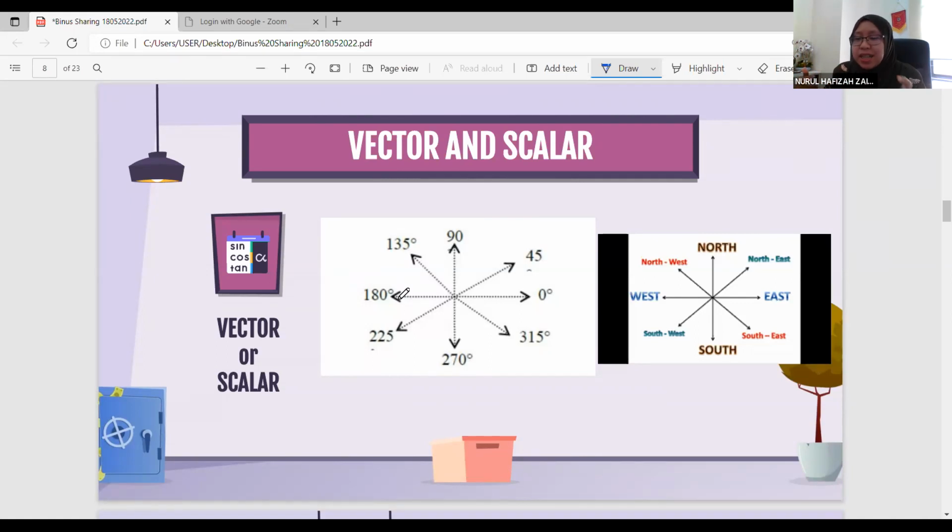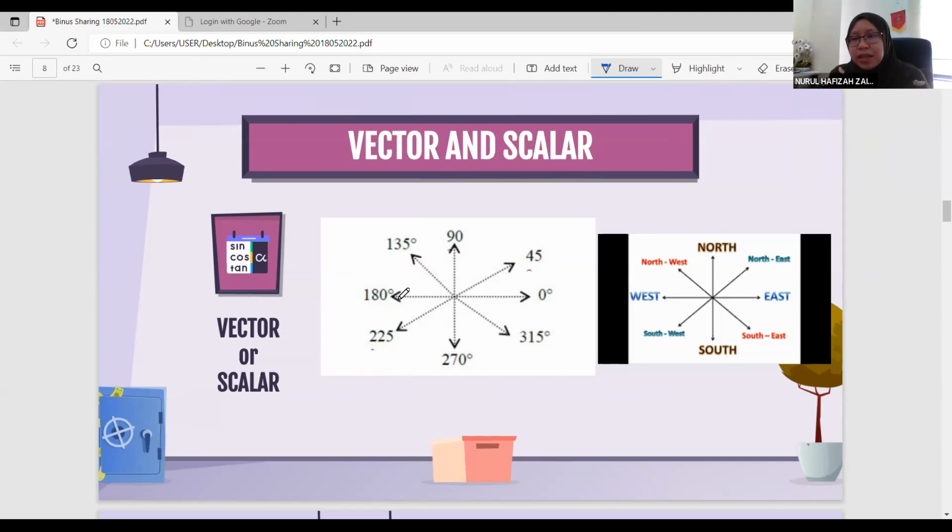We will not say the direction in angle, but we will answer it in north, west, the direction. We will answer south: oh, Bani is at the south. So we will not say it in angle.